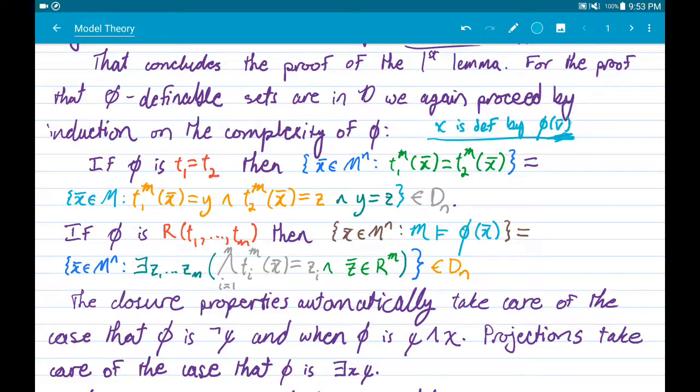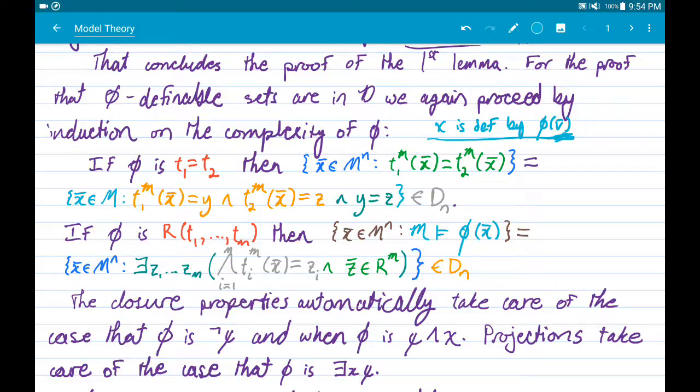And if we suppose that phi has n free variables, that is to say all of them are accounted by v, so to speak, then this is going to be a set of n-tuples, and we'll show that this set of n-tuples is in Dn.